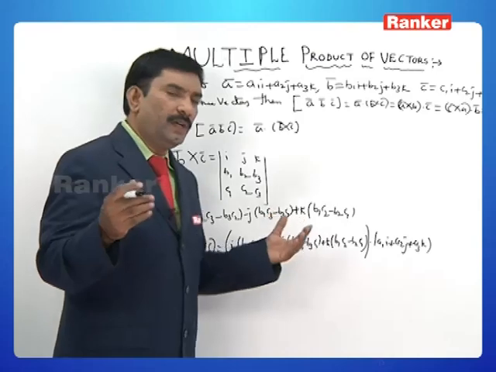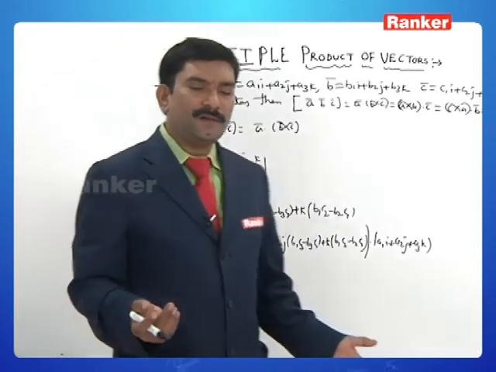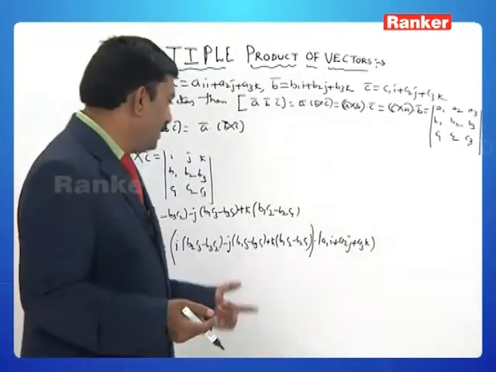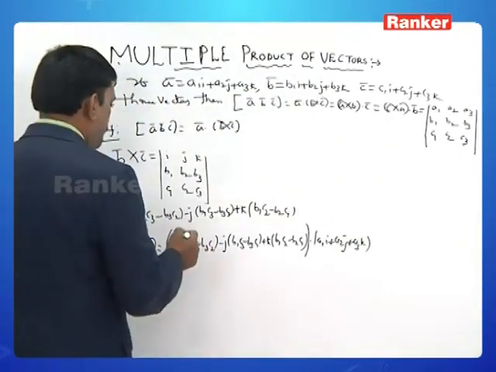You know already i dot i is equal to 1, i dot j is equal to 0, i dot k is equal to 0. So by using that, take the dot product.